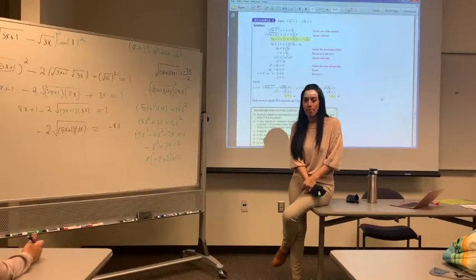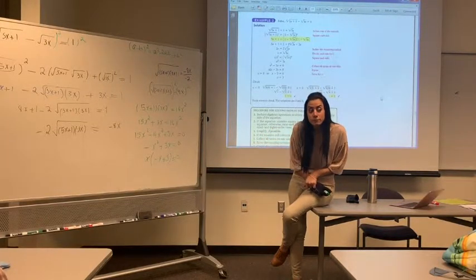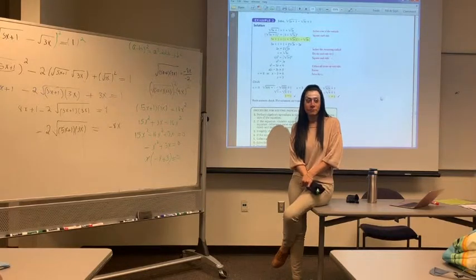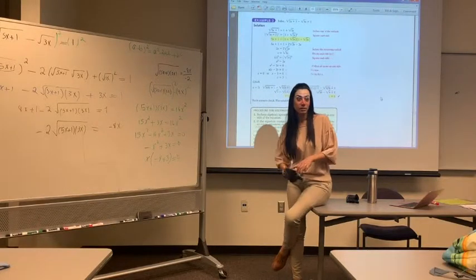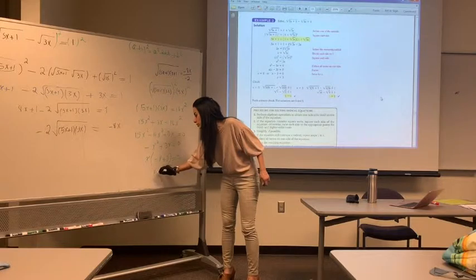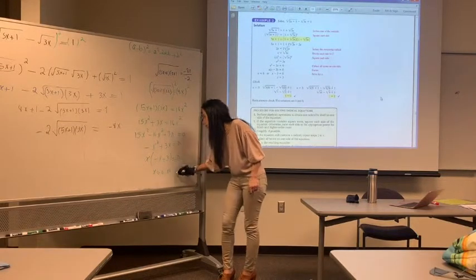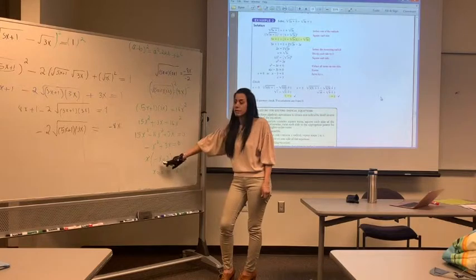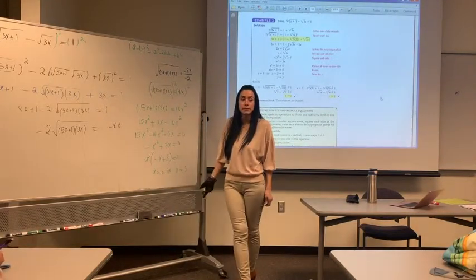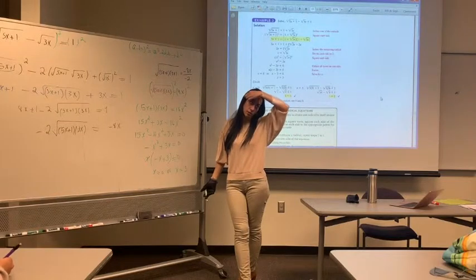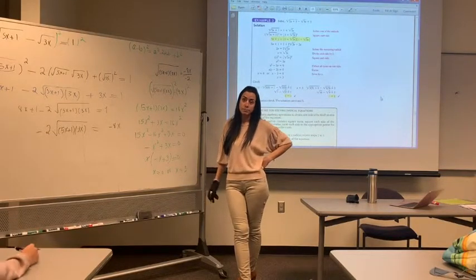What is the answer? Right? So x is equal 0 or x equal 3, because negative x plus 3 equals 0 is 3. X is equal to 3. Okay?